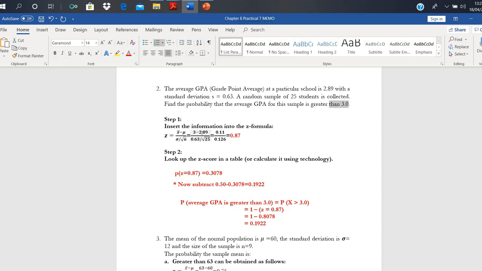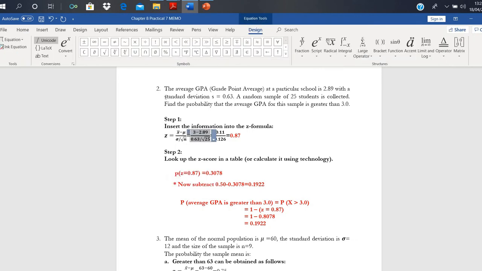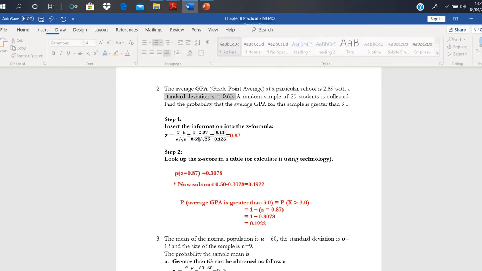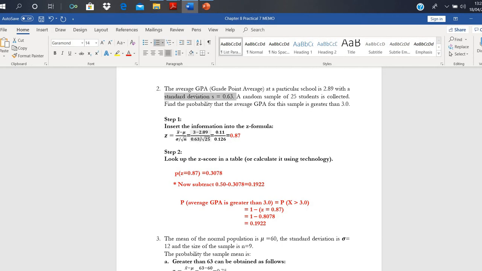So we have 3 minus the population mean, 2.89, divided by the standard deviation of the population, which is 0.63, divided by the square root of n. n is 25 students, square root of 25. So you will have 0.11 divided by 0.126, and you will get a Z value of 0.87.